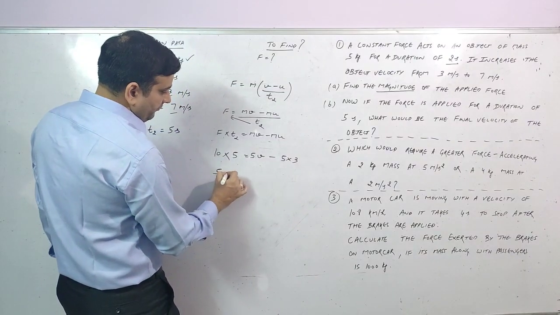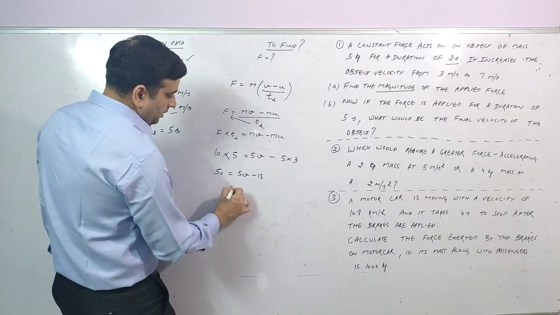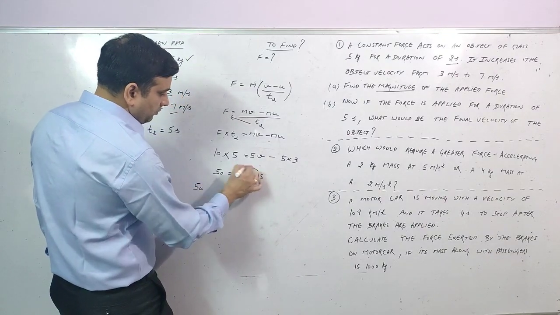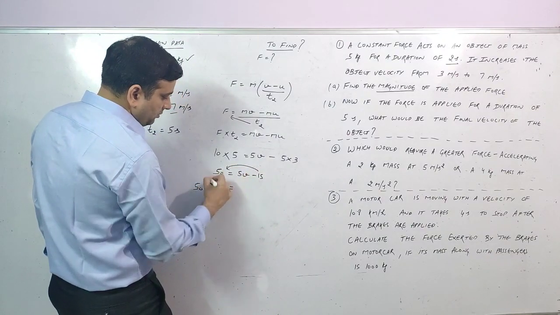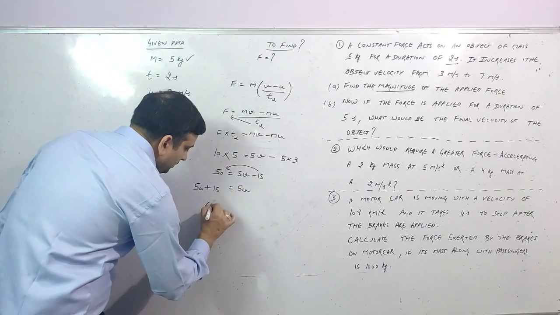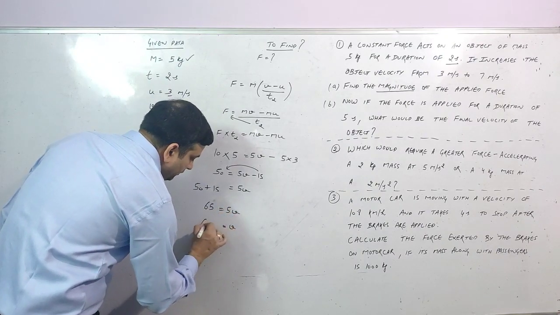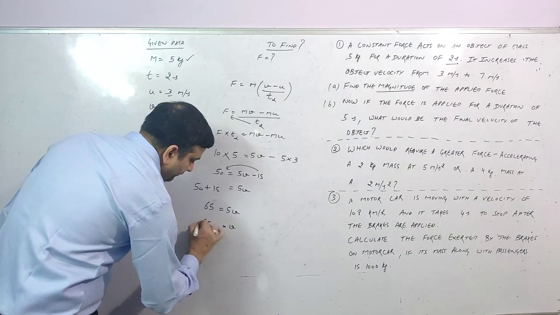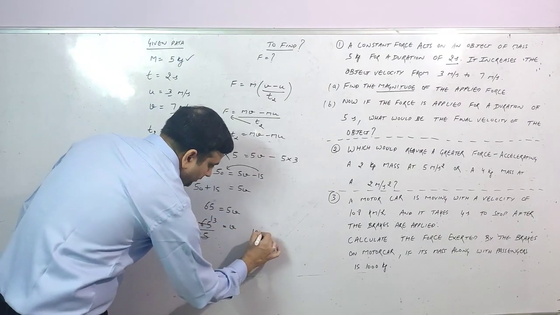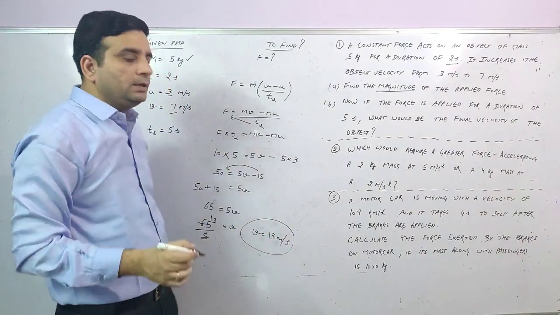So 50 is equal to 5v minus 15. Now 50, we will bring it to this side; minus becomes plus 15, 5v. 65 is equal to 5v, v is equal to 65 by 5. So final velocity is 13 meter per second.